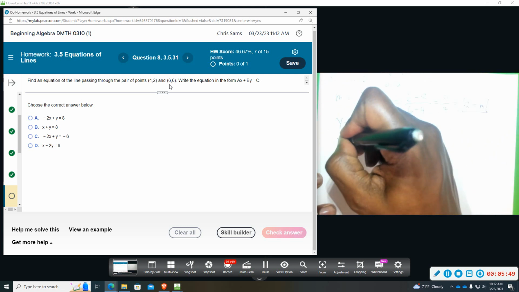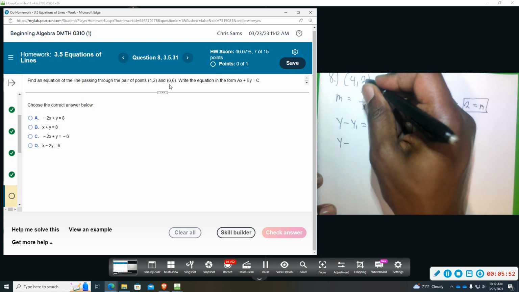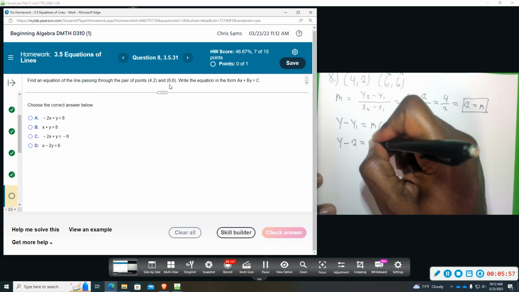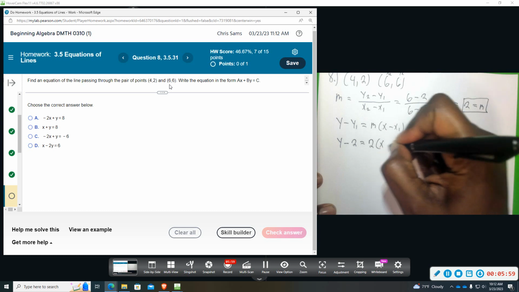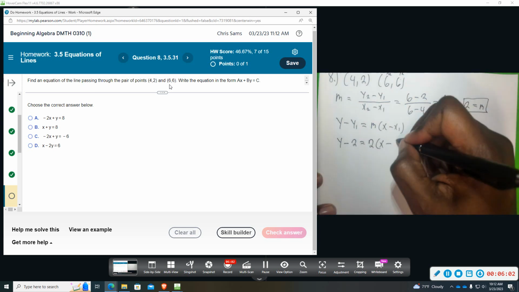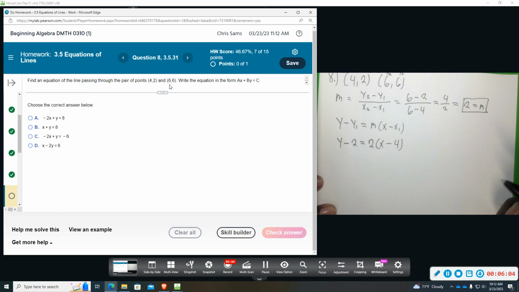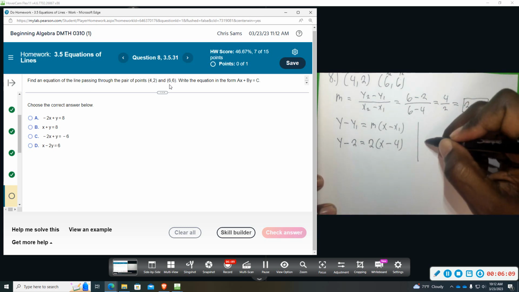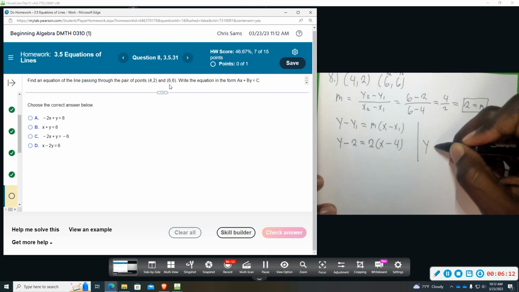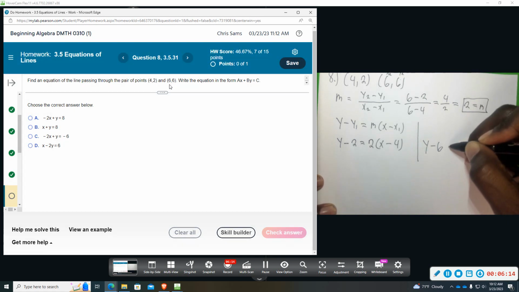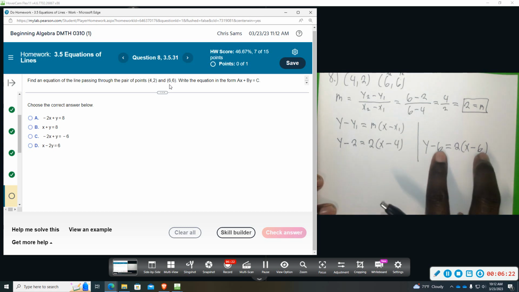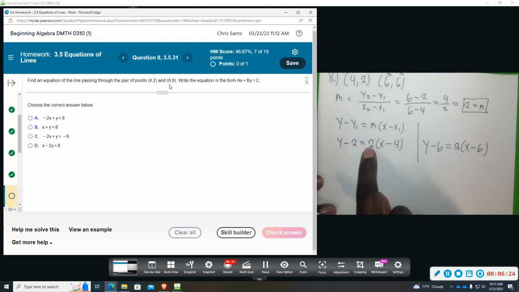So I'm going to say y minus the y value of 2 equals my slope, m is 2, times x minus the x value of 4. And at the same time, I'll go ahead and work it out plugging in the 6, just showing you that it doesn't matter which one you use, it will work out the same. Okay, so I plugged in the 6 for the ordered pair, still got a 2 for the slope.